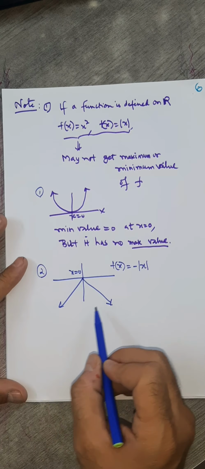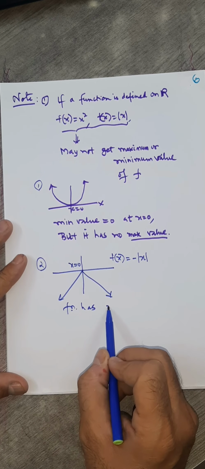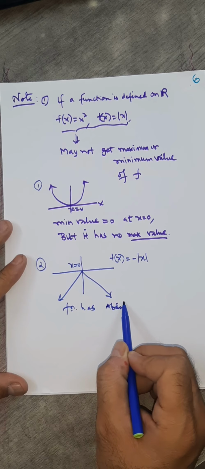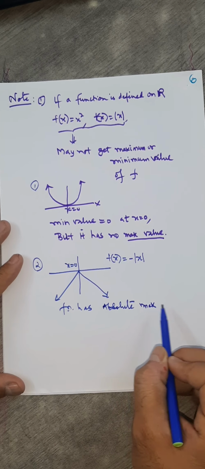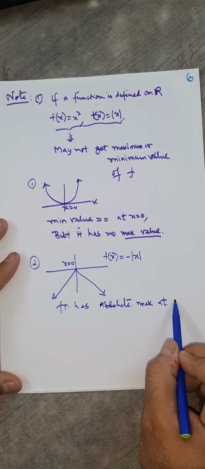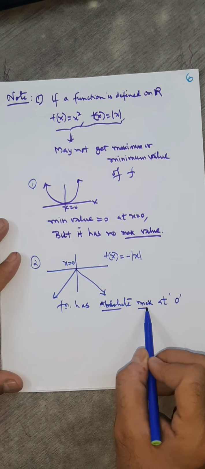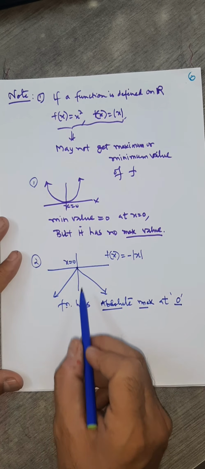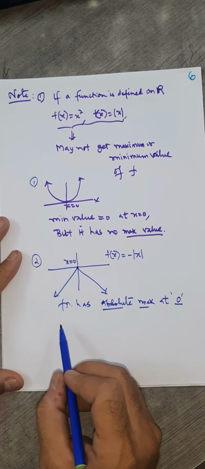So this is the highest value. So here the function has, you can write, absolute or just maximum. Absolute maximum at 0. At 0 it has the highest. And what's that absolute maximum value? Which is also 0, because f of 0 is 0.